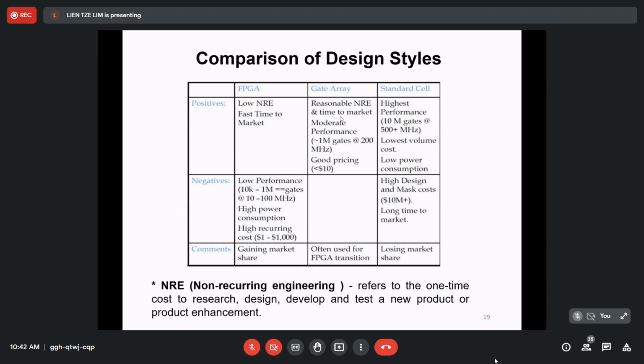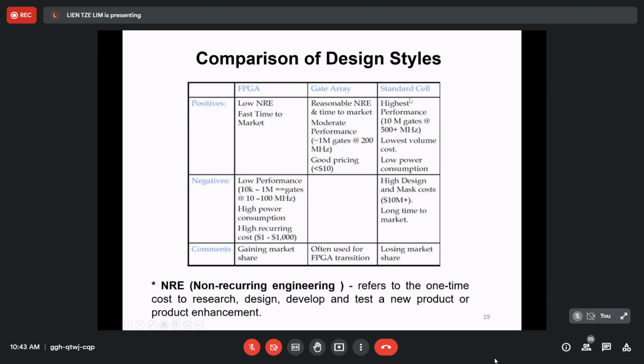And then moderate performance: the gates can be up to 1 mega, which is 1 million gates, operated at 200 megahertz. And then good pricing.